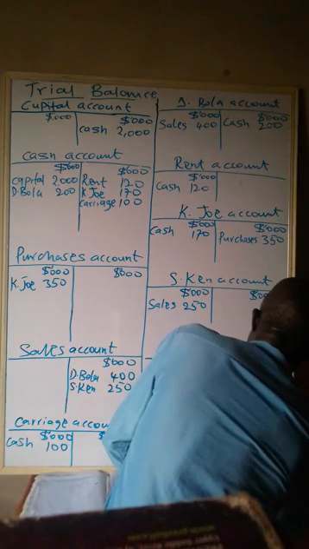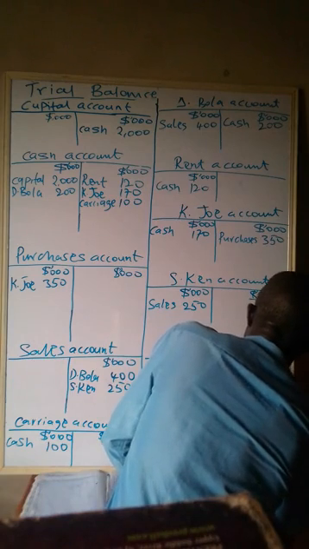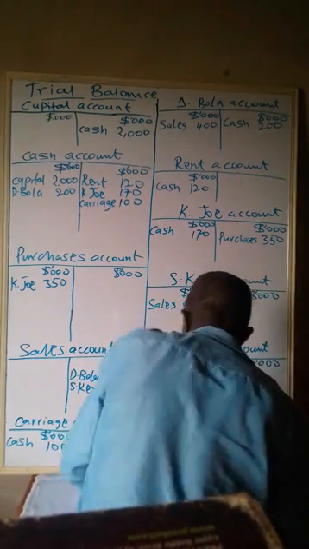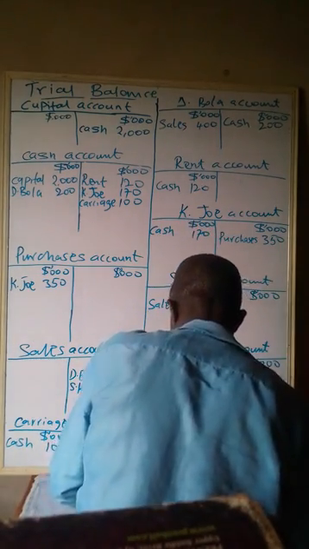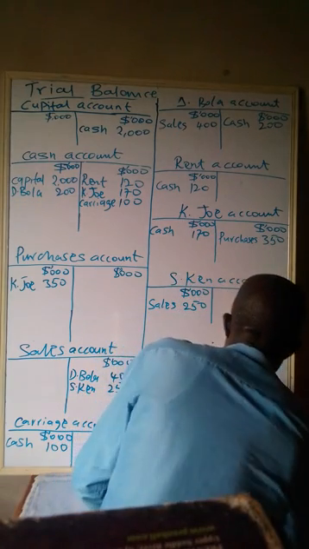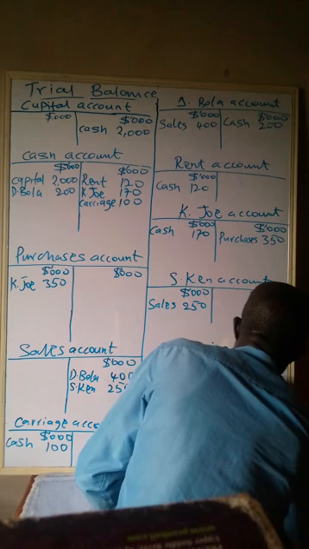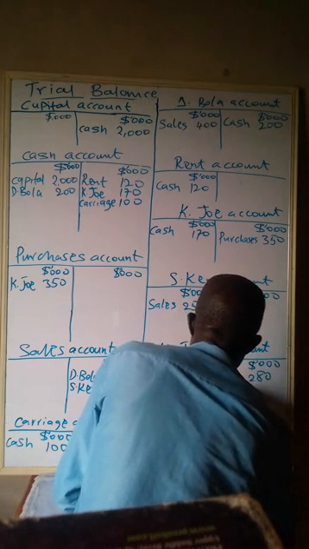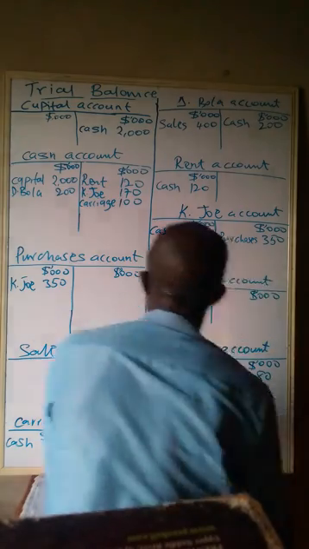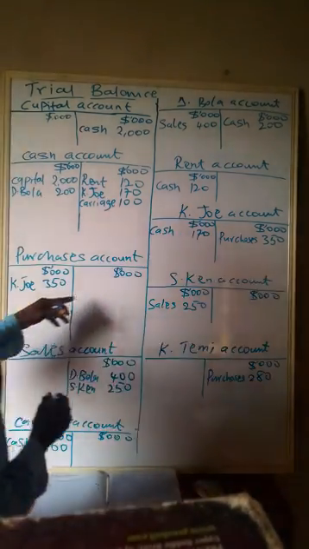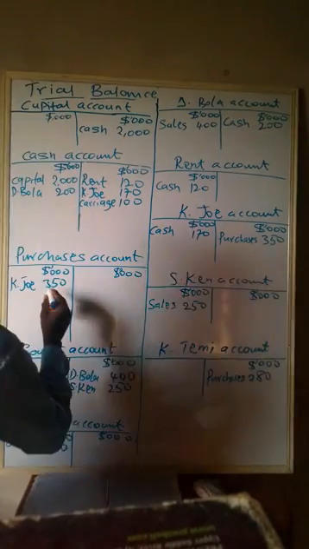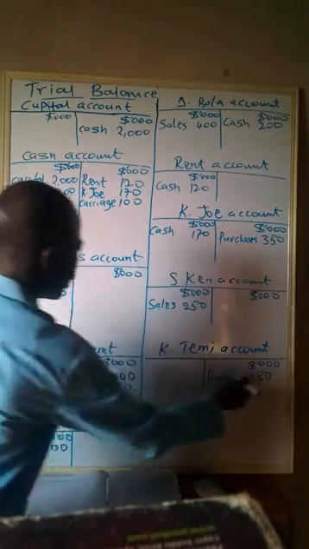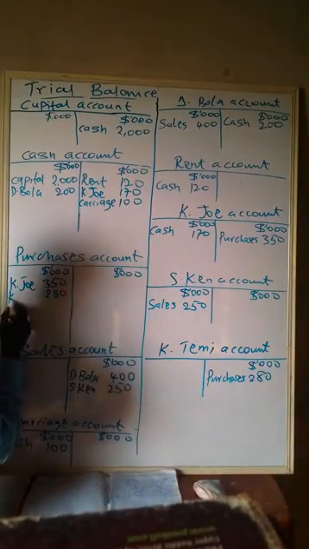You credit the K-Temi account, and that is bought goods on credit, and that is purchases. How much is that? $280,000. That is purchases. The corresponding entry here is purchases. Then I go to purchases. Purchases is receiving. I have to debit purchases, that's 280,000, and that is K-Temi.